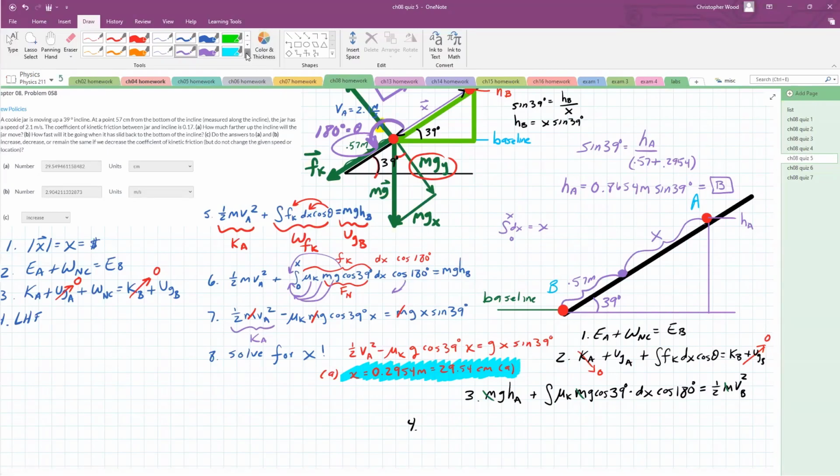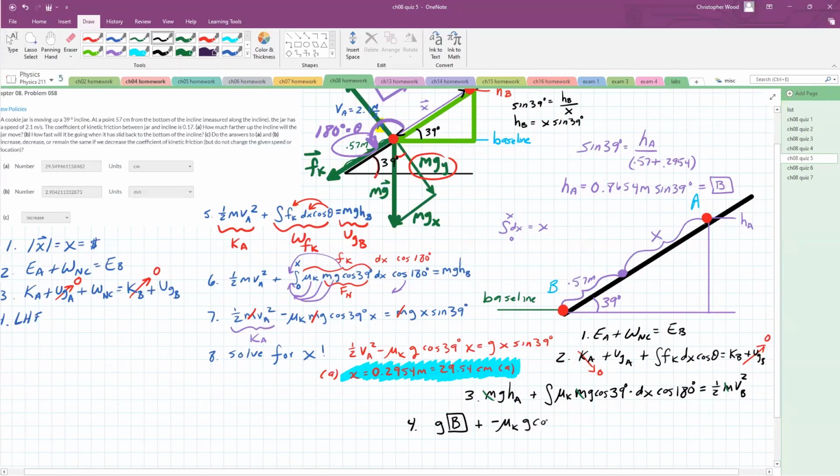All right, so here you go. Step 4. g times H sub A. And H sub A is just sitting there in my calculator memory location B. Plus cosine of 180, you're going to get that negative mu sub K g cosine 39 degrees. And this will be from 0 to, I'll do a little sidebar here.